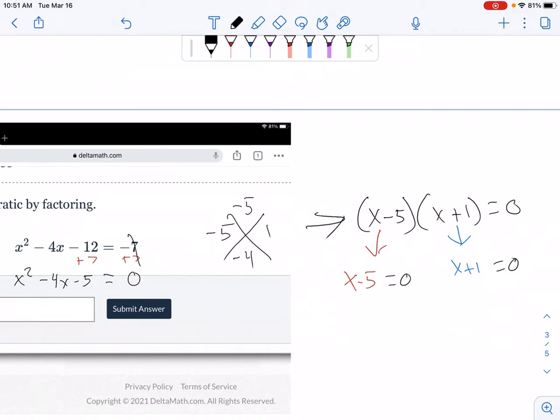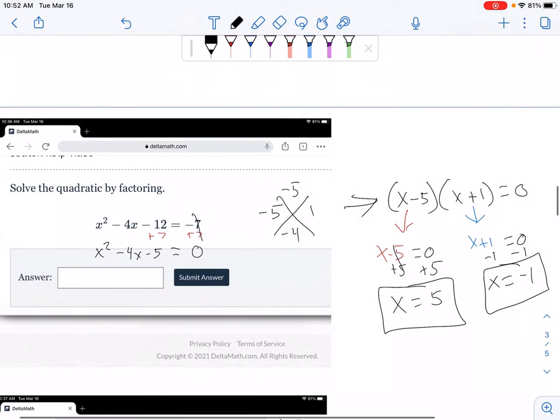That's going to tell me for what value for x could I plug in that would get the whole thing to cancel out and equal 0. My first value is 5. My second value, I'm subtracting 1 from both sides, is negative 1. So my two answers here, I'm going to write separated by a comma, 5, comma, negative 1.